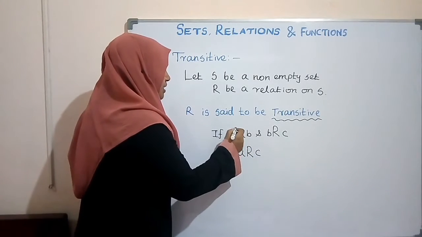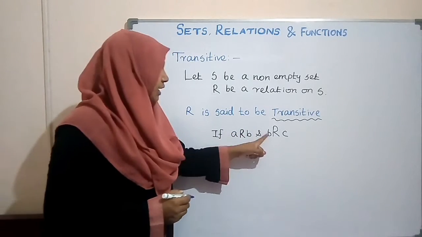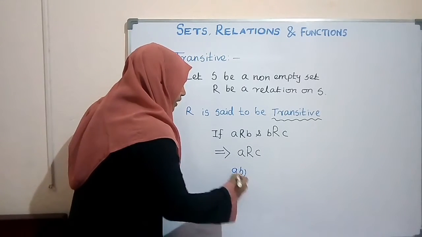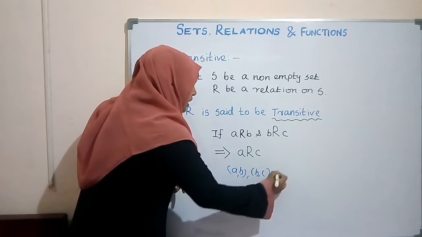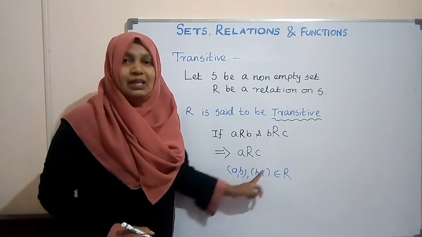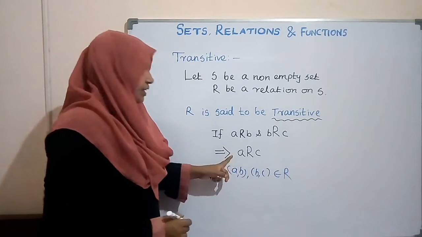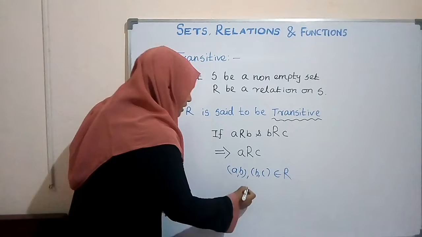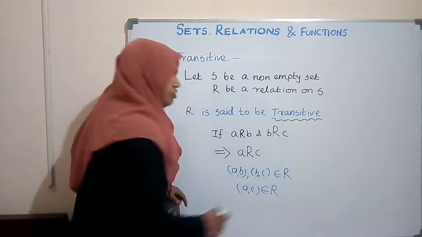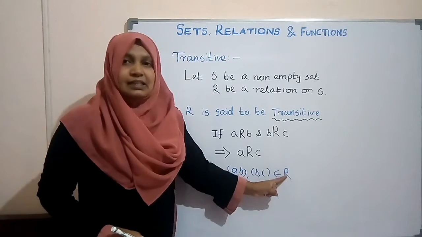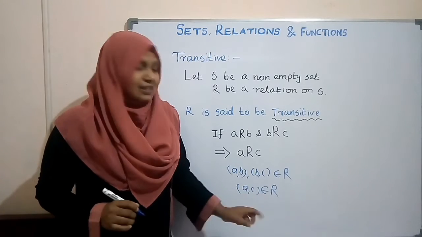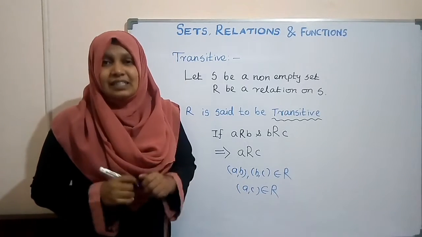A related to B means AB belongs to R and BC belongs to R. So already we have AB and B comma C belongs to the relation R. Already we have these two elements in R. But we need also one more element, that is A comma C. This also should belong to R. If these two elements are there in the relation R, it must have A comma C. Then only we can say that this R is a transitive relation.